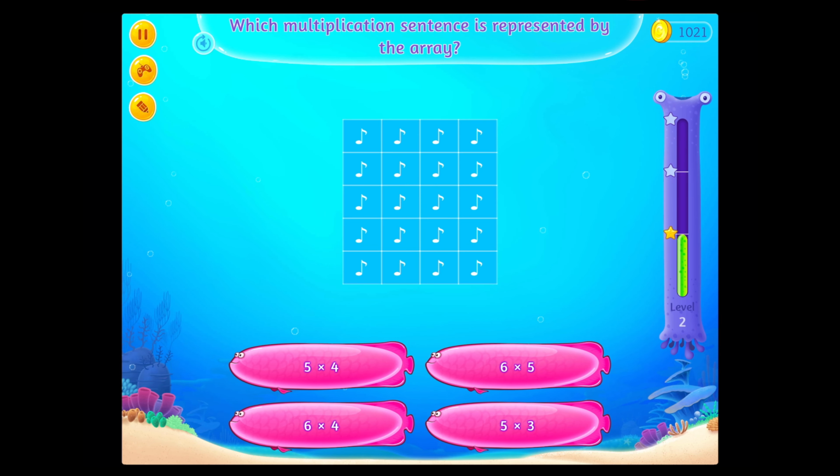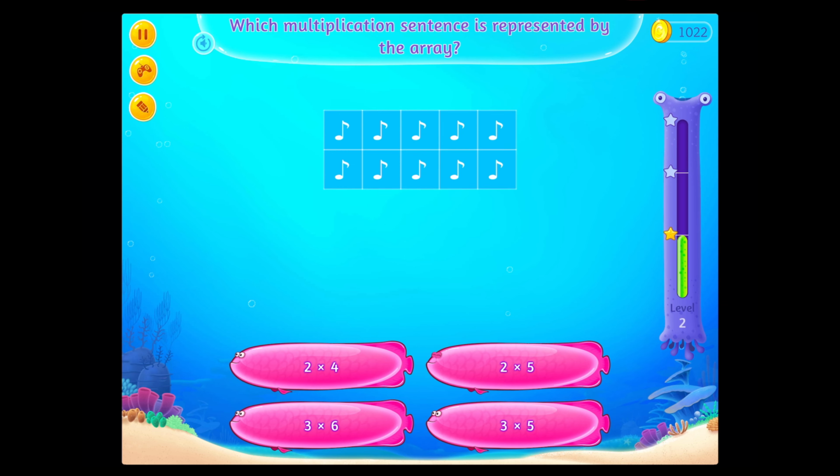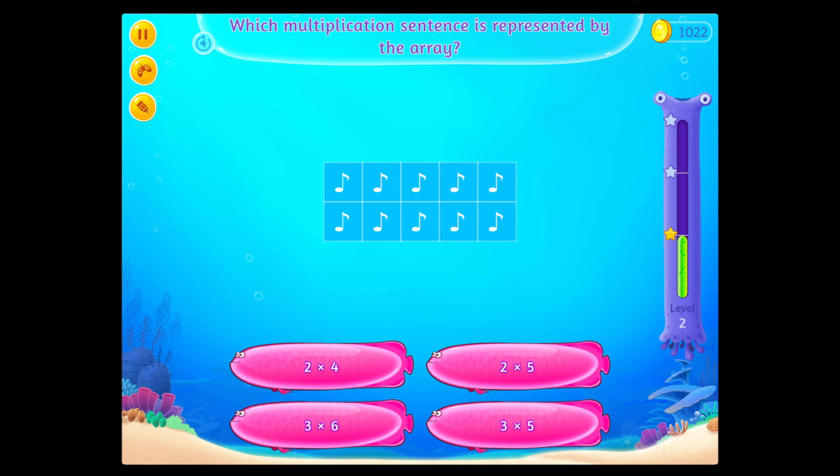Which multiplication sentence is represented by the array? Fantastic! Which multiplication sentence is represented by the array? Awesome!